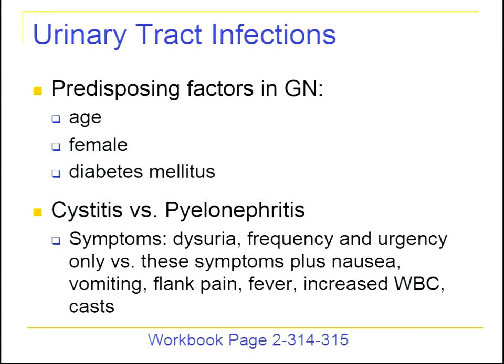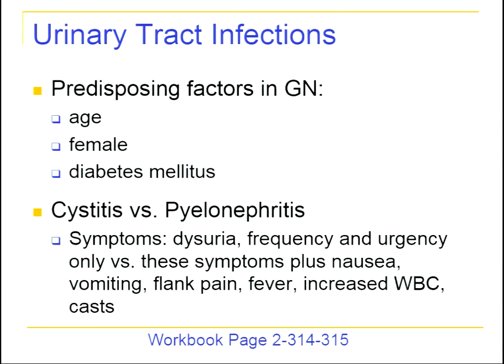The first is whether it's complicated or uncomplicated, and I have a list of those factors that will help you decide whether it's complicated or not. GN has a few of those factors, specifically diabetes mellitus, that is a complicating factor.